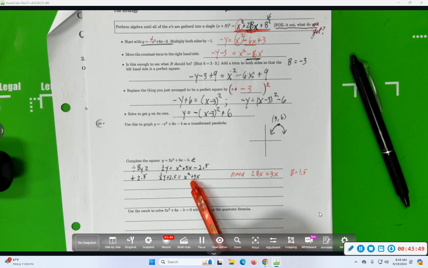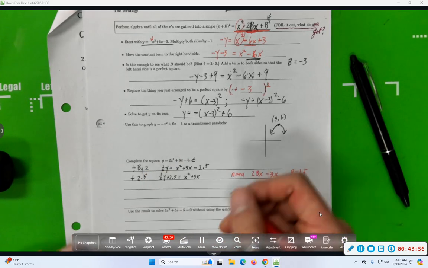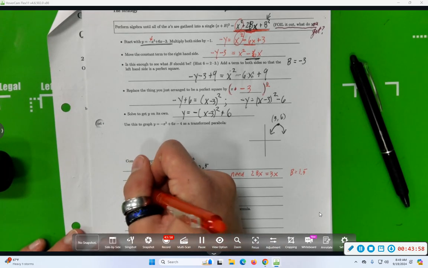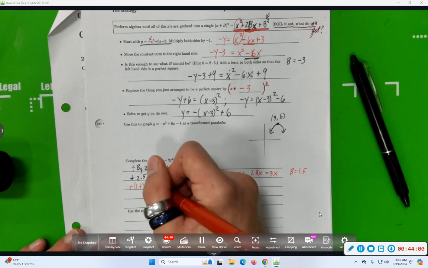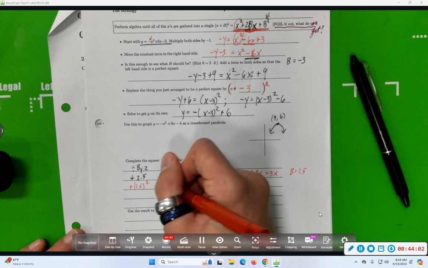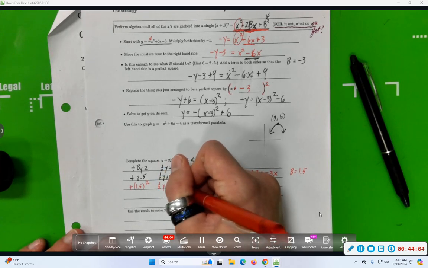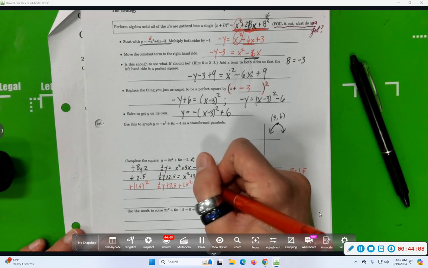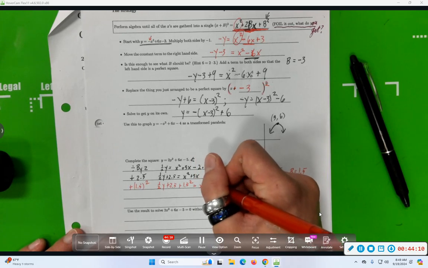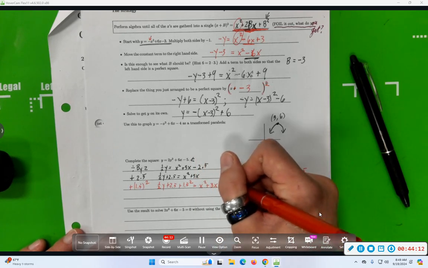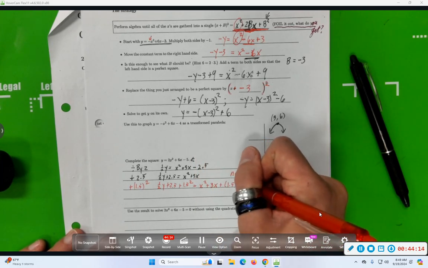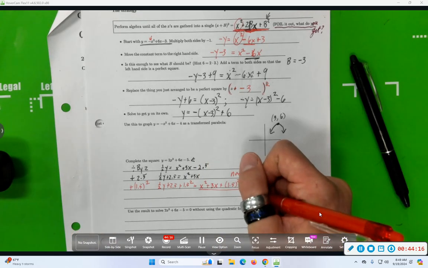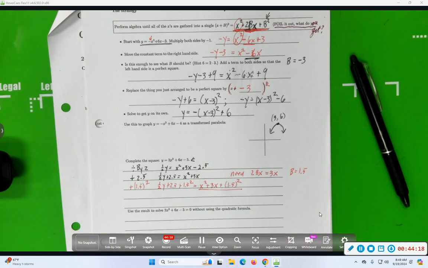Yeah, let's just add whatever 1.5 squared is to both sides of the equation. So 1/2 y plus 2.5 plus 1.5 squared is equal to x squared plus 3x plus 1.5 squared. The right-hand side is now a perfect square.